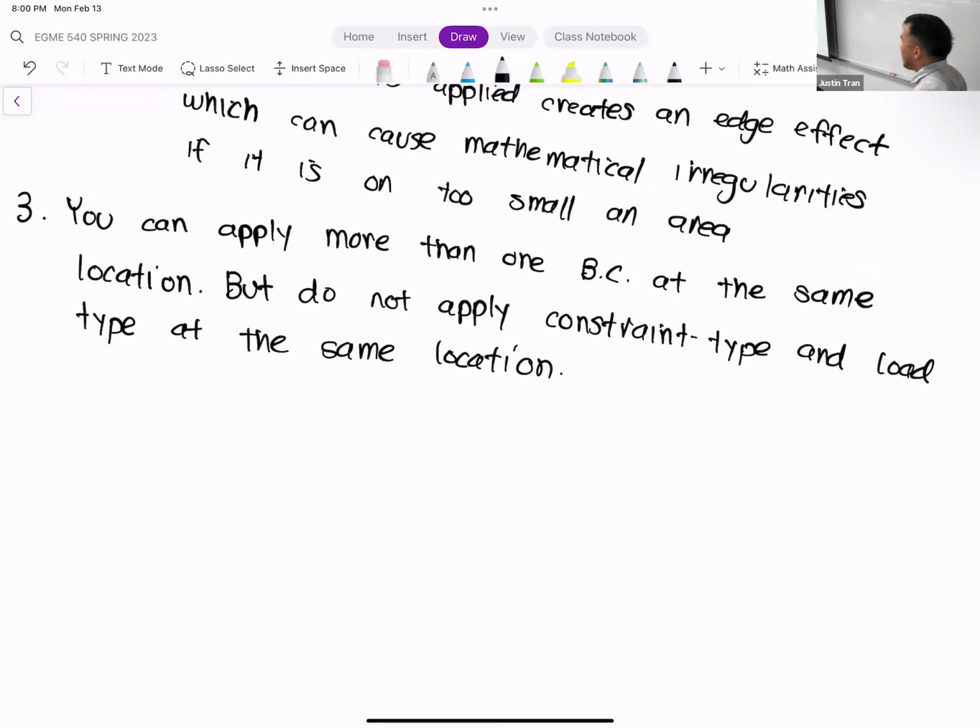Technically, you can, and ANSYS is not going to stop you from applying a constraint and a load type boundary condition at the same place. But it's going to be kind of a waste of space, because usually the constraint type is going to override the load type boundary condition.